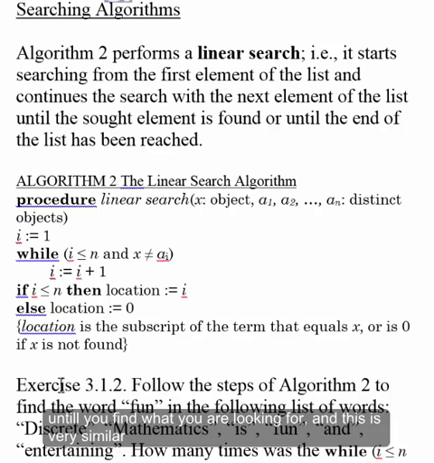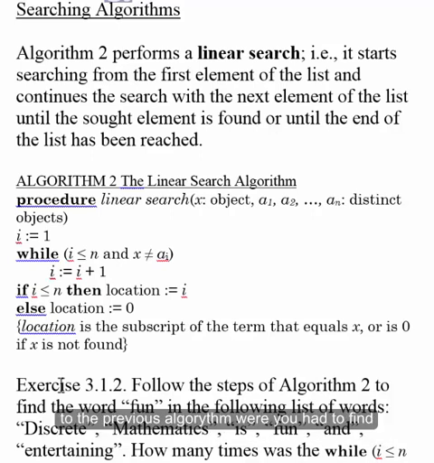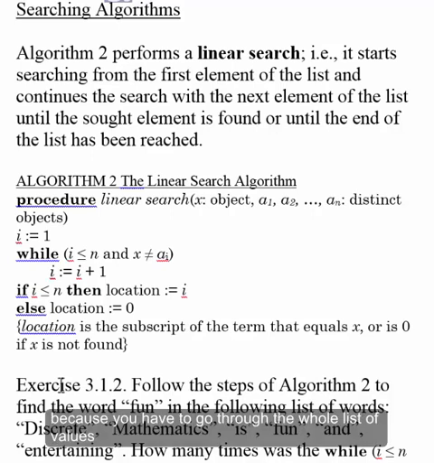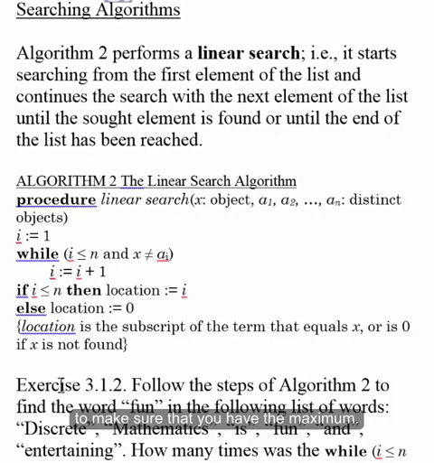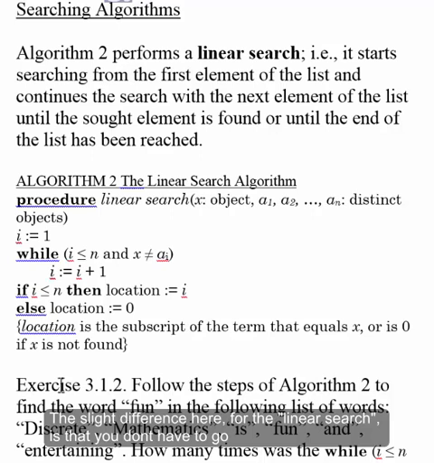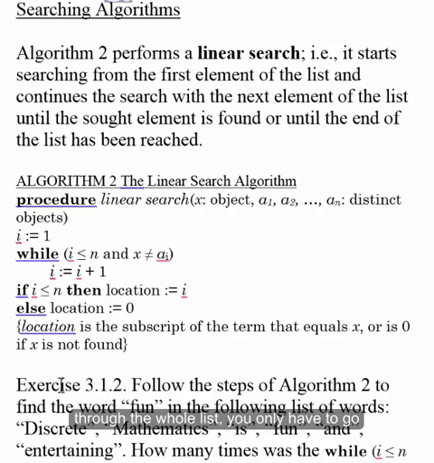And this is very similar to the previous algorithm where you had to find the maximum value from a list of values, because you have to go through the whole list of values to make sure that you have the maximum. The slight difference here for the linear search is that you don't have to go through the whole list.